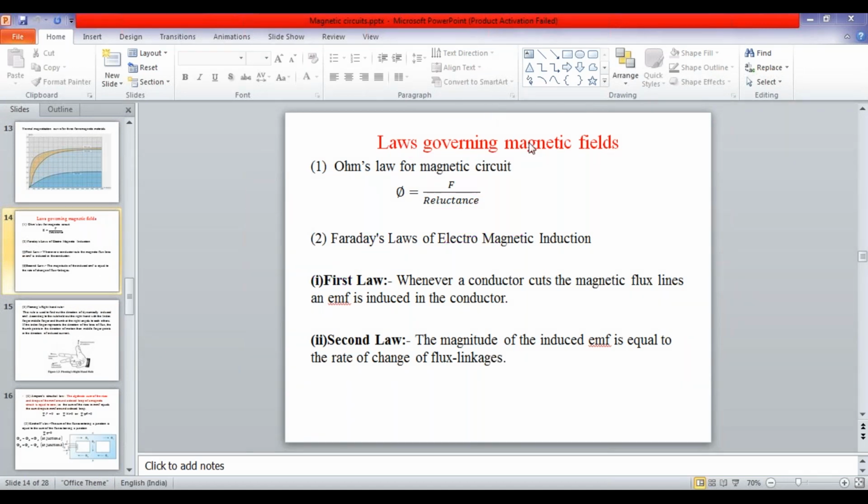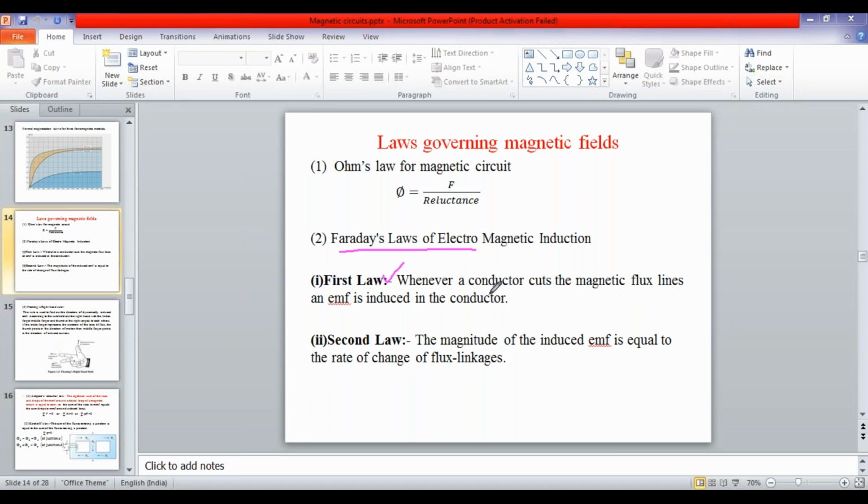They talk about how an EMF is going to be induced, how an electromotive force is going to be induced. That is Faraday's first law and Faraday's second law. There are two laws, Faraday's first law and second law.